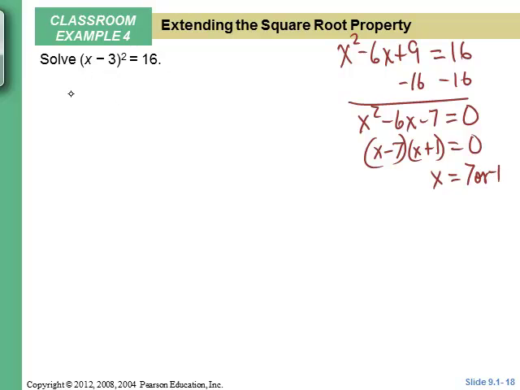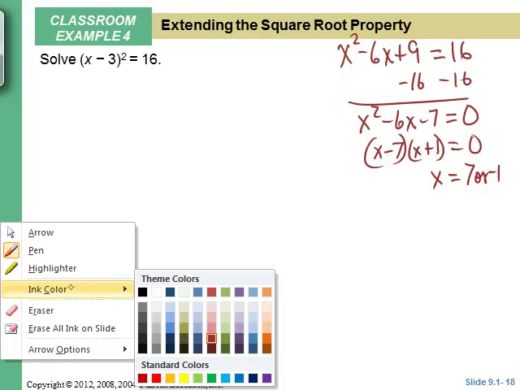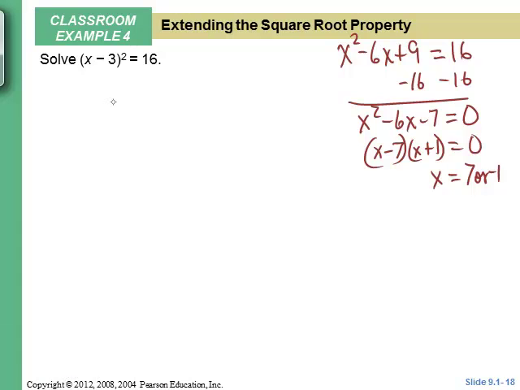We're going to solve it using the square root property. I'm going to change colors so that we don't get confused here. How does that work? Well, we have the square root of x minus 3 squared equals the square root of 16. Now, you have to get the plus or minus in there.